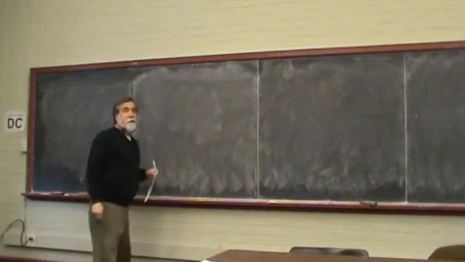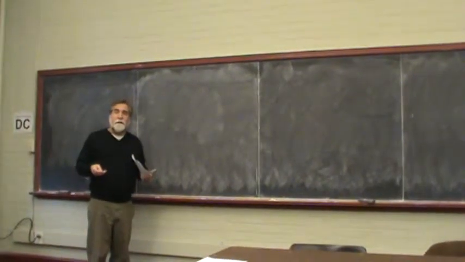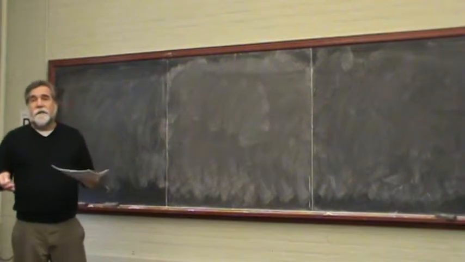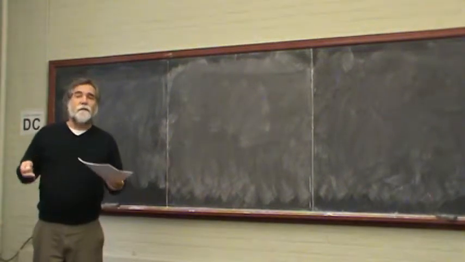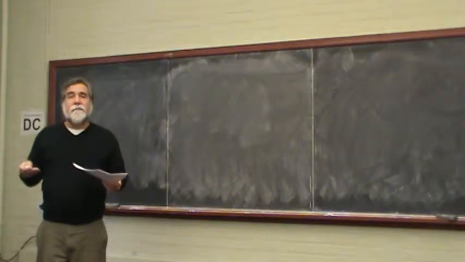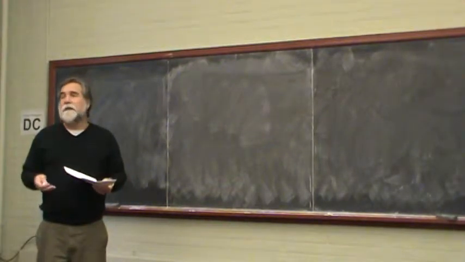So first, I want to talk about how vectors transform in relativity. And we want to create for ourselves several sets of four vectors that might relate energy and momentum, for example.